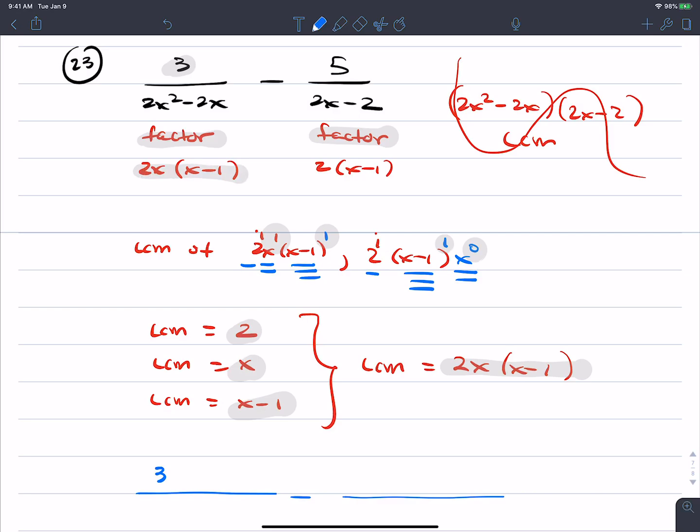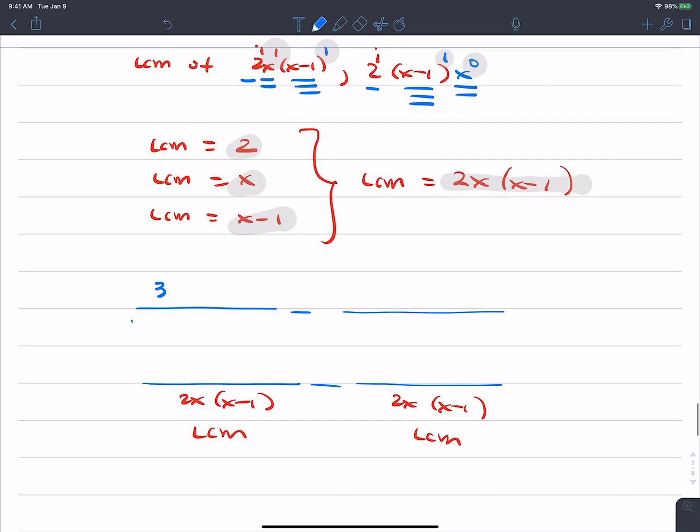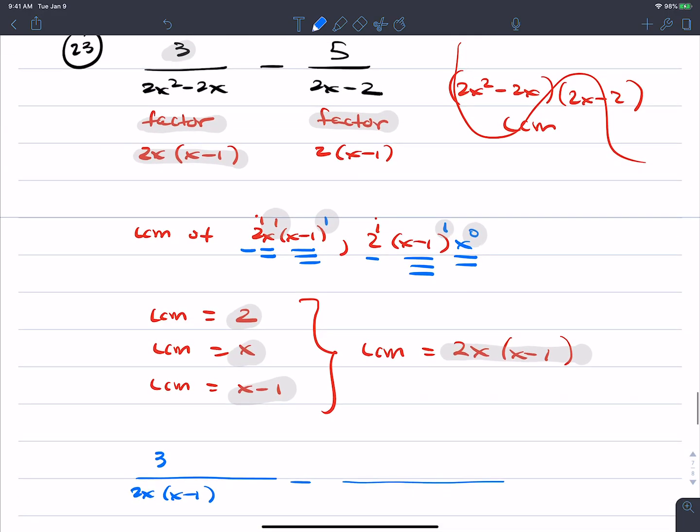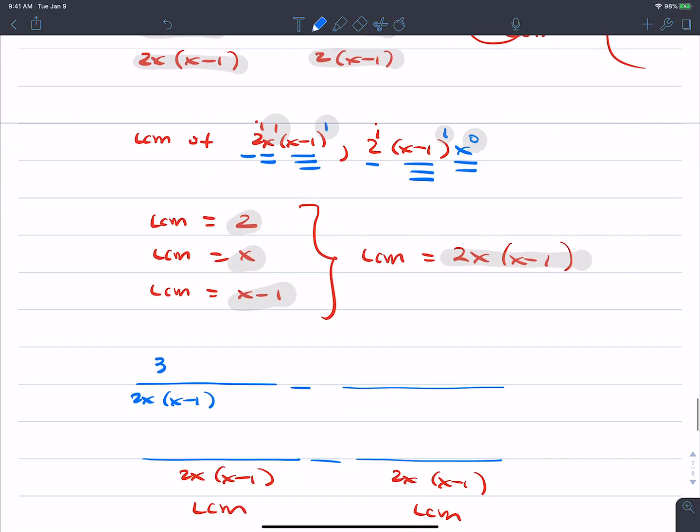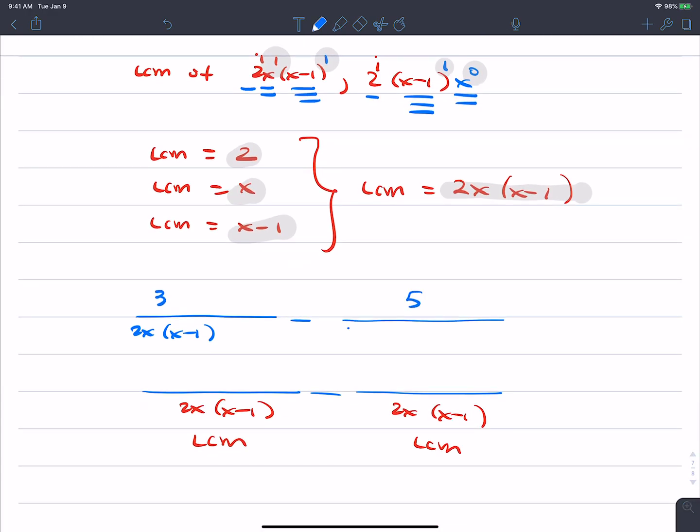It's going to help me see everything better. 2x times x minus 1. And over here, we're going to use the 5 over 2 times x minus 1. It'll help me see everything better as well.